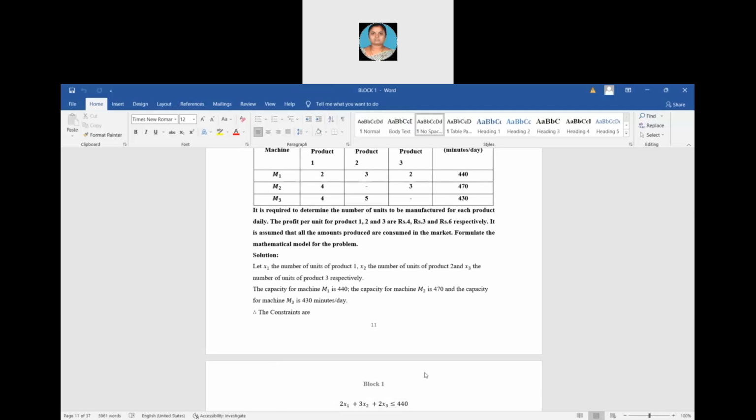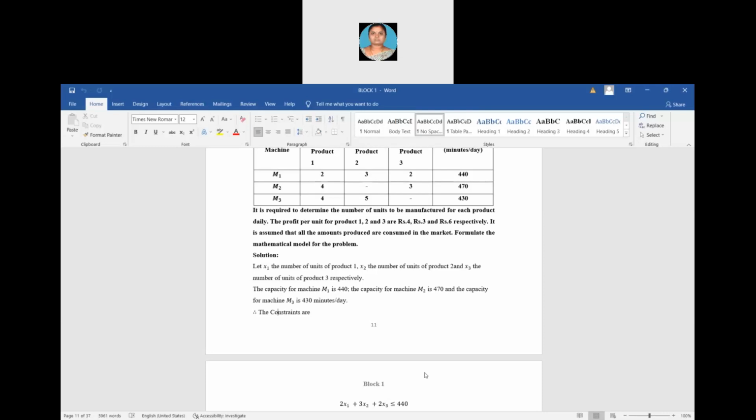So product 1 is represented by the decision variable x1, and product 2 by x2. If you find the answer for the decision variables, that is the solution. So x1 is the number of units of product 1, x2 the number of units of product 2, and x3 the number of units of product 3. You can express all these products by means of decision variables.